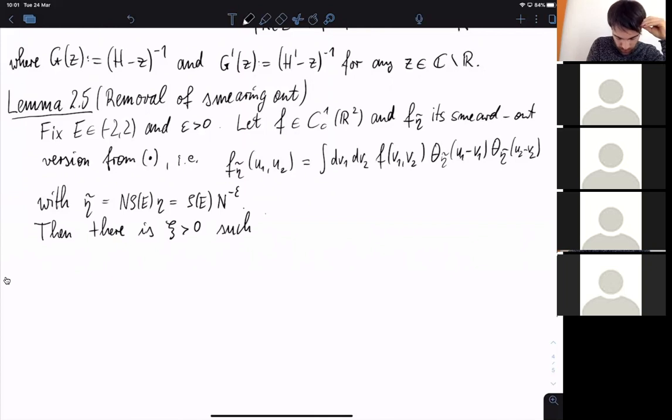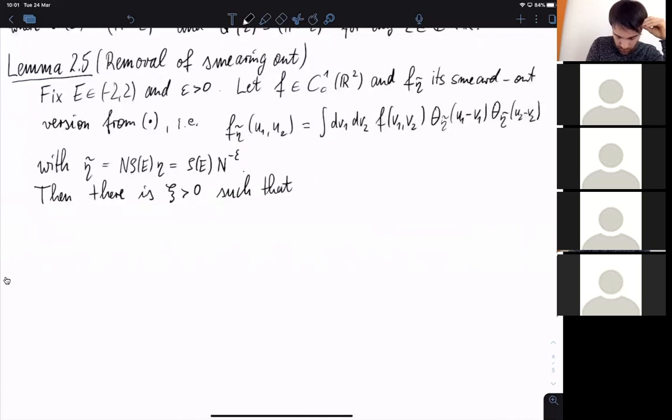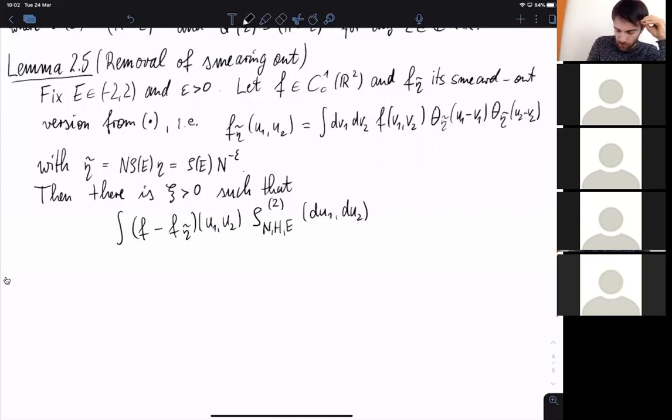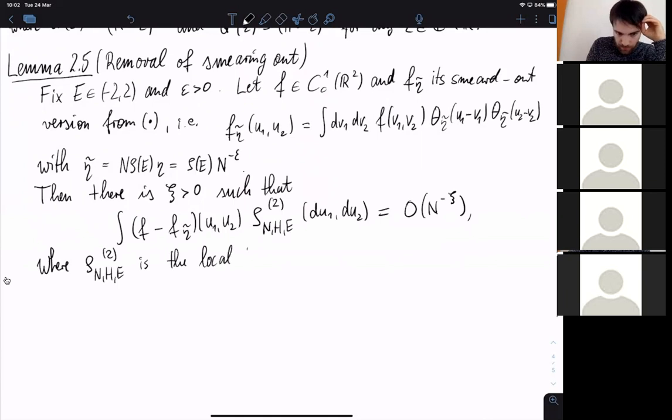So we have f minus f eta tilde, we evaluate it in u1 and u2, and then we integrate against rho_{n,H,E}^{(2)} du1 du2. Then this is of order n to the minus xc. And yes, the rho_{n,H,E}^{(2)} is the local 2-point intensity measure of a Wigner matrix H.